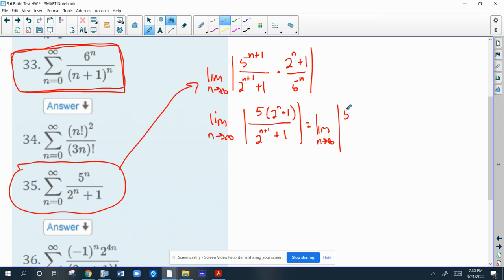So we'll have 5 times 2 to the n over 2 to the n plus 1 plus 1 over 2 to the n plus 1. And the bottom, we're dividing everything by 2 to the n plus 1. So I have 1 plus 1 over 2 to the n plus 1.